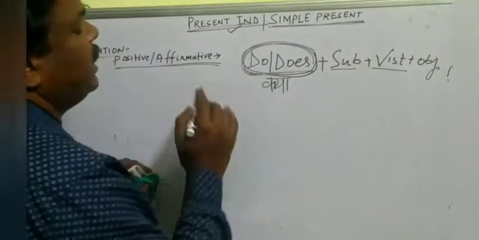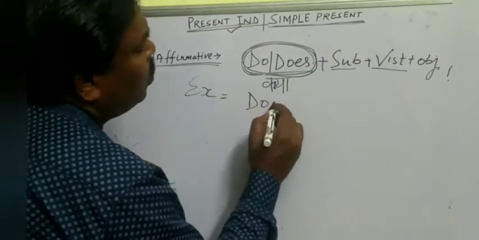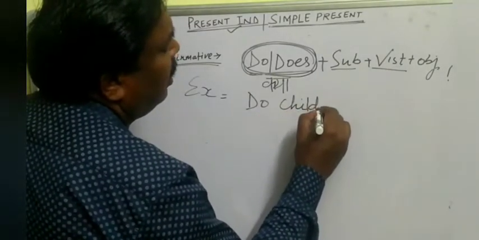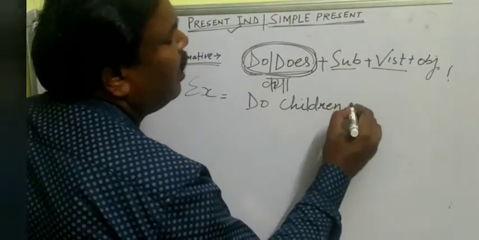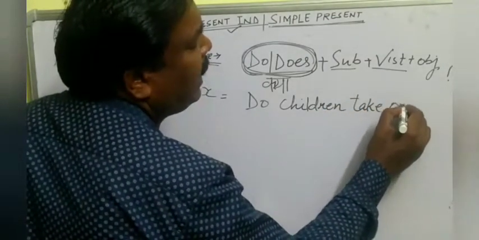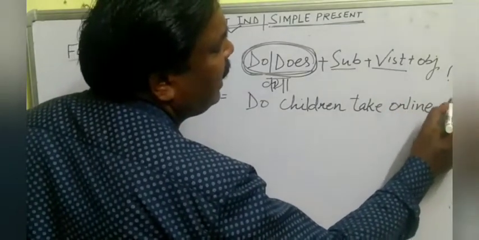plus object. Example: Do children take online classes? Do children take online classes?